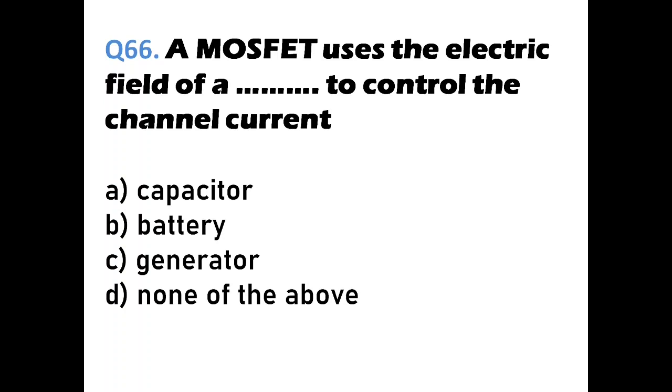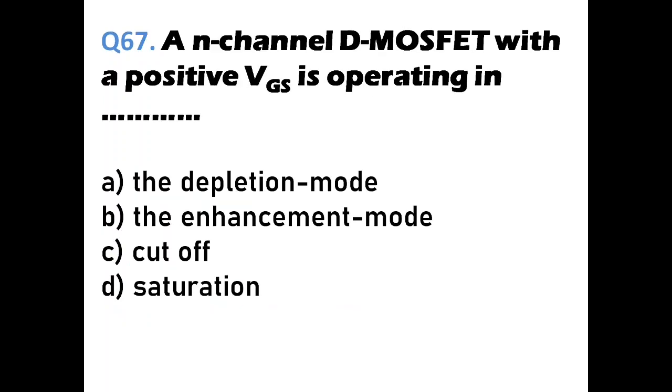Now, between metal and semiconductor, there is an oxide layer. That means this is acting as a parallel plate capacitor. Okay, that means a MOSFET uses the electric field of a parallel plate capacitor to control the channel current. So here the option will be option A, that is capacitor. Clear? Then we'll go to the next question, question number 67.